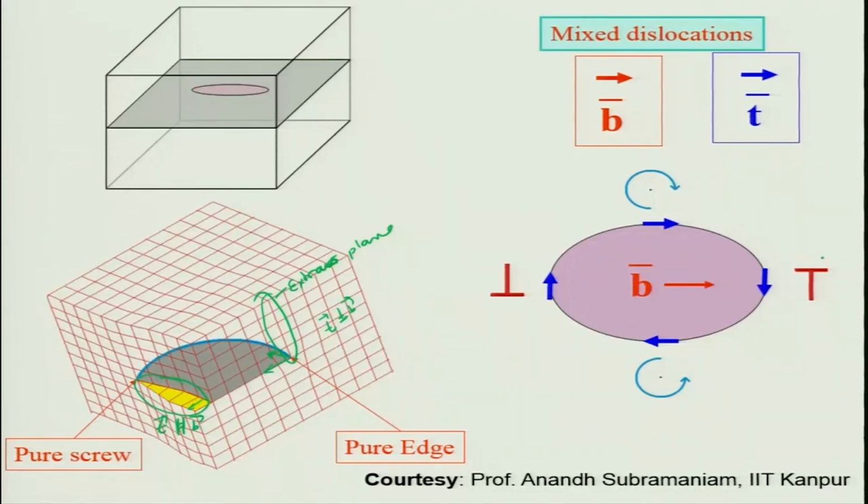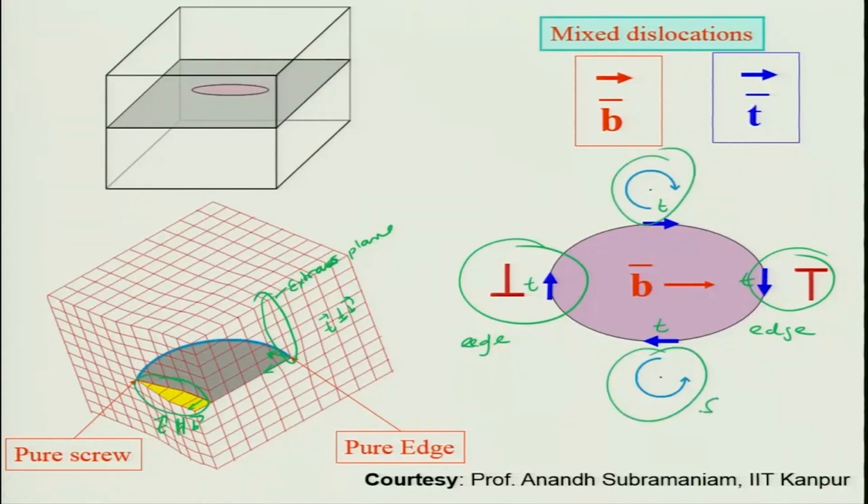This is edge because B is perpendicular to T. This is T, and this is also T. The dislocation line is T, and wherever B is parallel to T, it's screw. So these two are screw, and wherever they are not, it would be mixed. So this, that and that, all of these will be mixed dislocations.